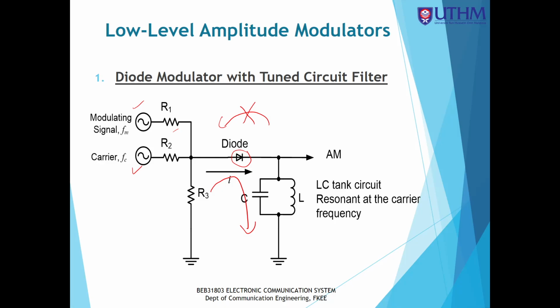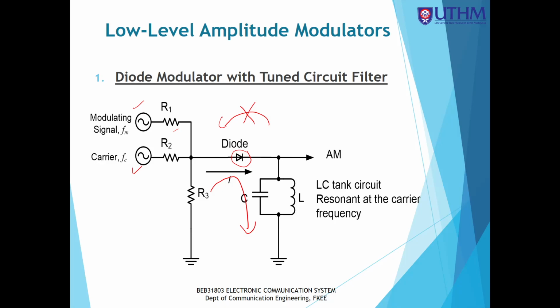Okay, so this LC tank circuit will resonate at the carrier frequency, and it also does the function of a battery, a fast charging battery. Why it is like a battery, we are going to explain later.